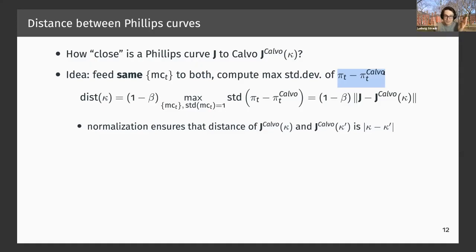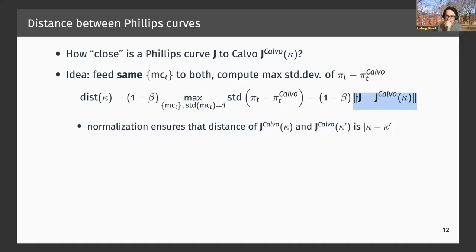If these were the same model, then this would obviously always collapse to 0. In general, the difference is obviously not always 0. And so we're going to compute the standard deviation of that difference. And then we're going to compute the worst case standard deviation, basically, for any process of marginal costs we might feed in. And it turns out that at the end of the day, this worst case standard deviation is really just the Euclidean matrix norm of the difference between the Phillips curve Jacobian of the menu cost model and the Phillips curve Jacobian of the Calvo model.